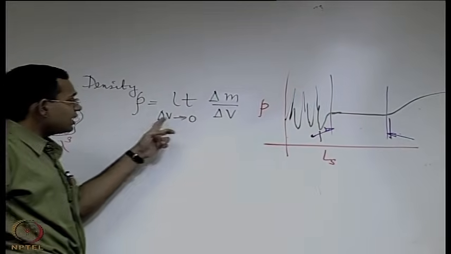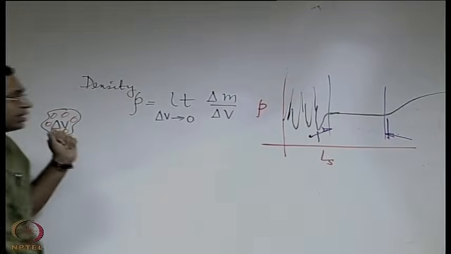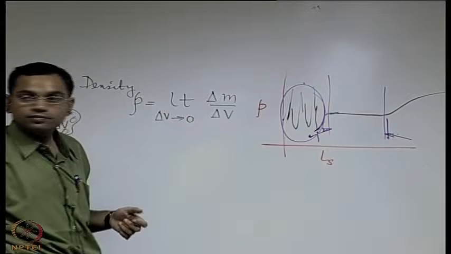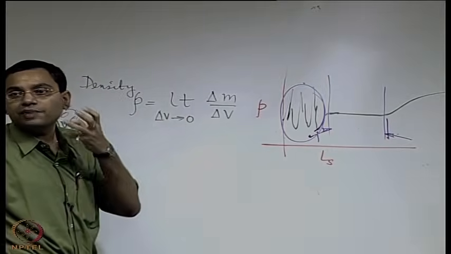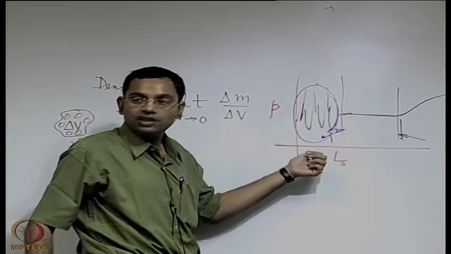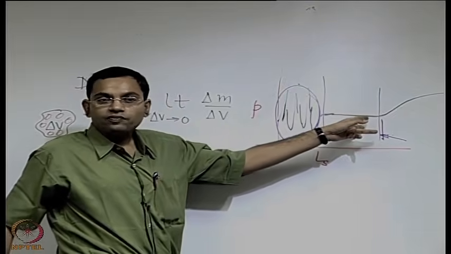Therefore, if we say delta V tends to 0, that is not fundamentally correct, because delta V tends to 0 may make you fall in this regime, since delta V tends to 0 means mathematically delta V is as small as possible. So as small as possible will obviously be something smaller than as big as possible.